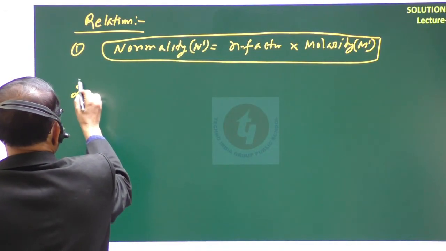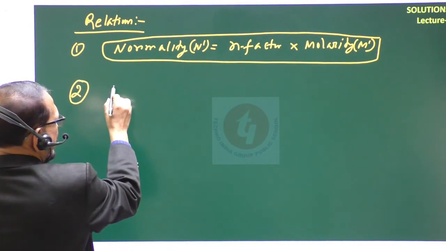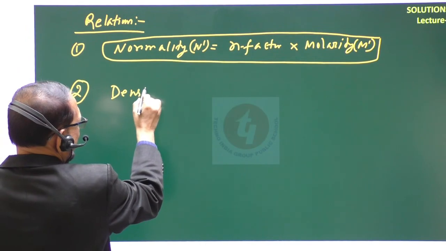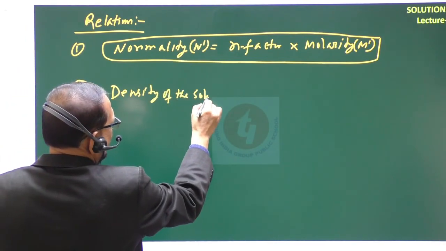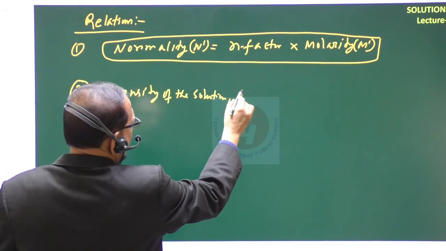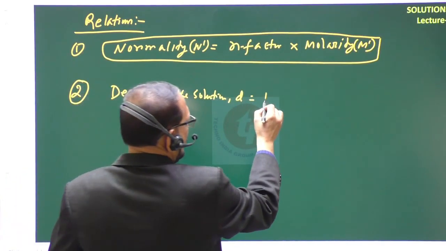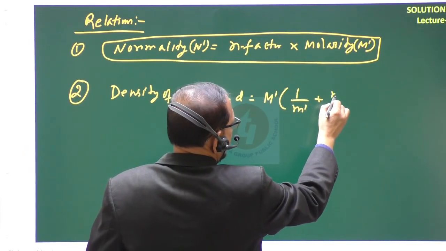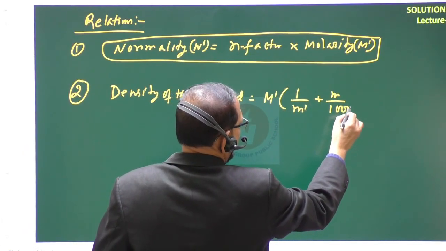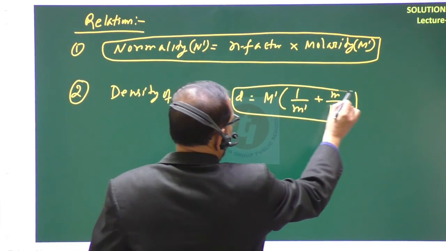Number two, the density of the solution, small d, is equal to molarity into 1 by molality plus M by 1000. So this is also an important relation.